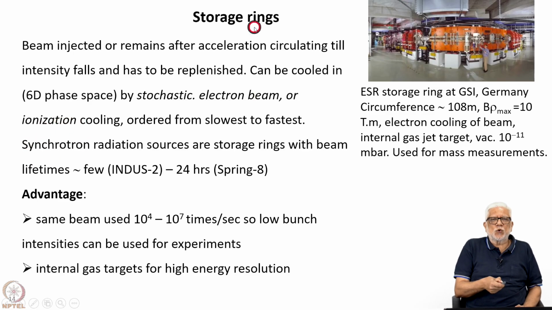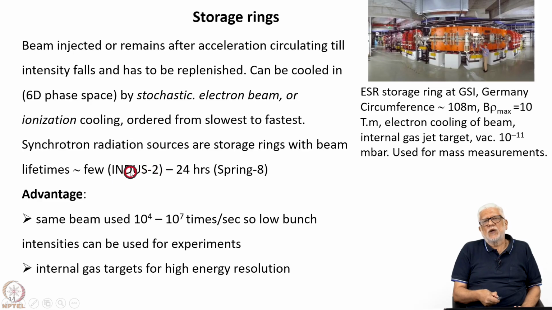The other place where storage rings are used, of course, is in synchrotron radiation sources, where you have beams of electrons, or sometimes in some cases they also use positrons. So for instance, you have this stored and it has lifetimes of the order of a few to 24 hours. This is a machine in Japan, Spring 8, and Indus 2 in Indore was surviving for about a few hours.